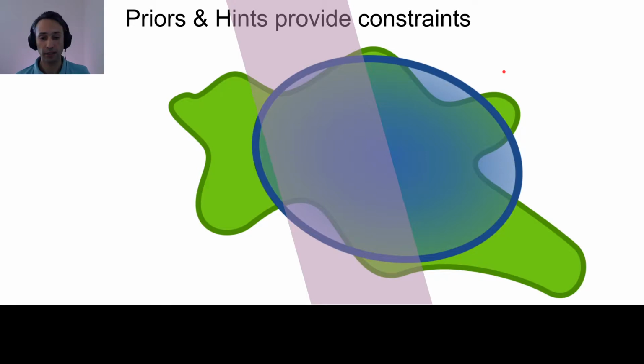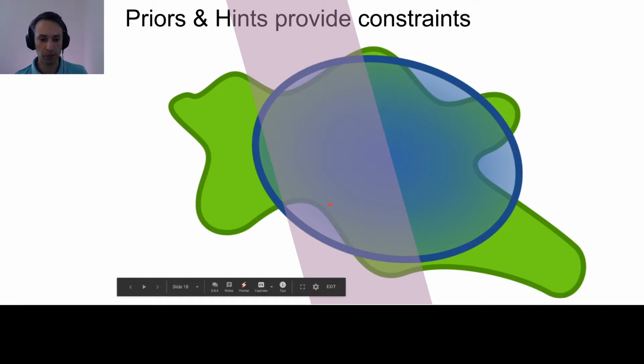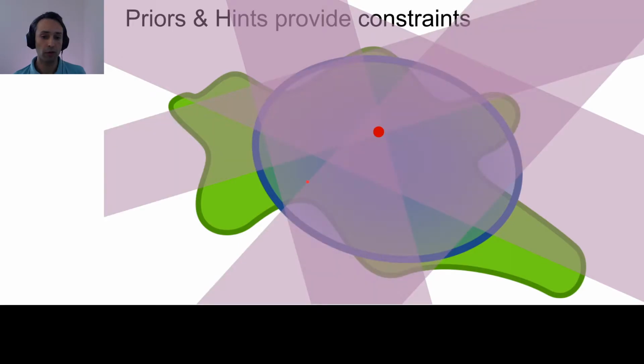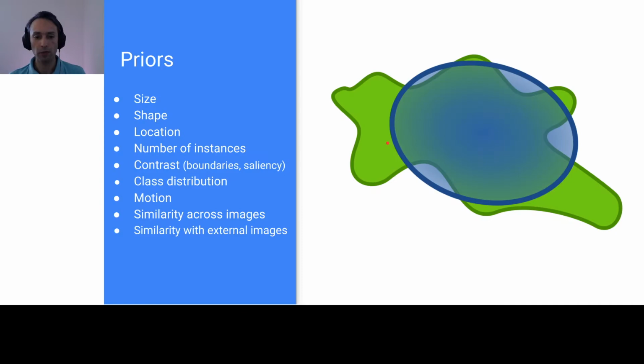It needs to be consistent with it. So this will reduce the space of possible models to the one under this purple region here. And when you add more hints, then your model gets constrained in the intersection of those regions. With more and more hints, the region of viable models gets smaller and smaller. And at the end, you have a much smaller region on which we will select one model that is most in accordance to your prior within that region. So that's the abstract idea. Let's look at some concrete examples of priors and hints that have been used in the literature.